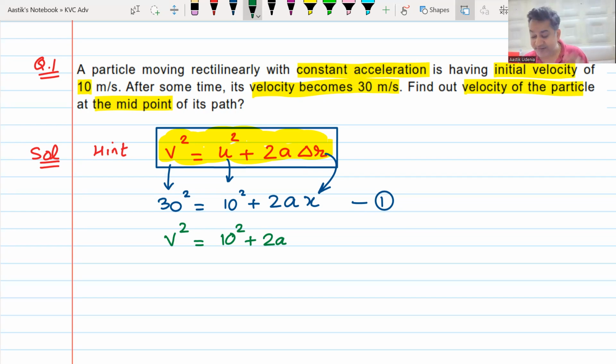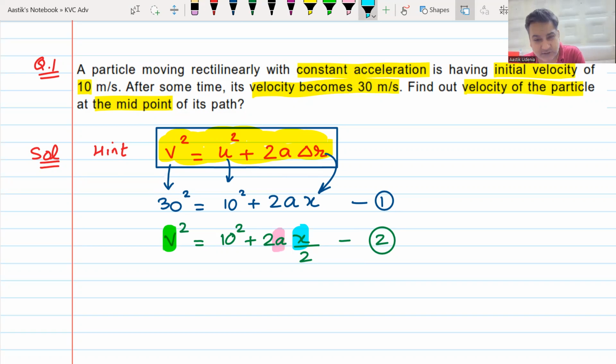Now the displacement is the midpoint of the path. So total displacement was taken as X. Now I can write this as X by 2. That is equation number 2. Now there are 2 equations and you will see, sir, there are 3 unknowns here. The first unknown is V, the second unknown is A, and the third unknown is X. You will say, sir, I cannot solve this.